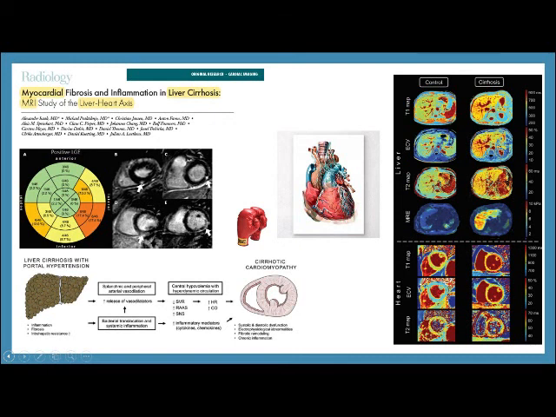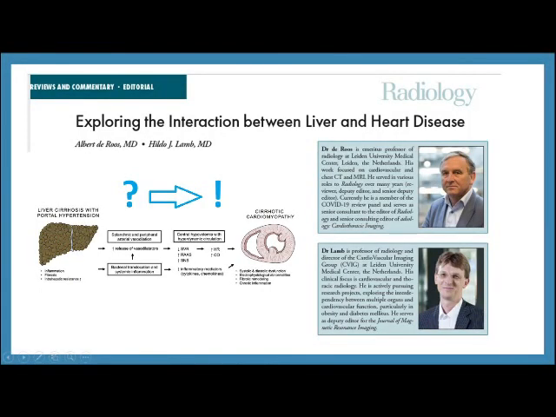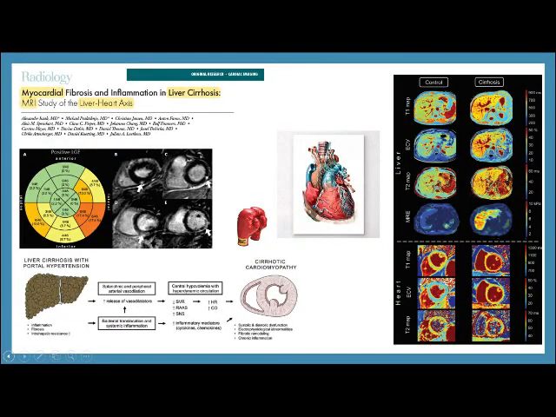What was also emphasized in the commentary is the proposed pathophysiology behind this disease: the interaction between the liver and the heart disease itself, and the cardiomyopathy that comes from cirrhosis independently. The pathophysiology that they had proposed was very well shown to be true through the different sequences in the MRI imaging. So I thought that was very interesting, and yeah, thank you so much again.